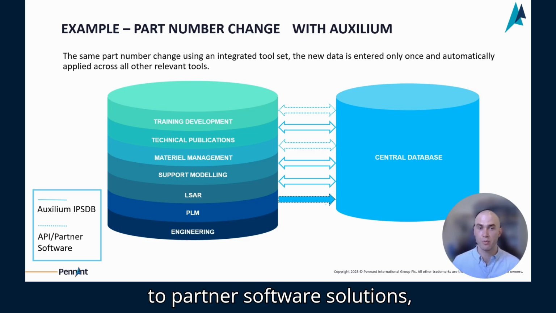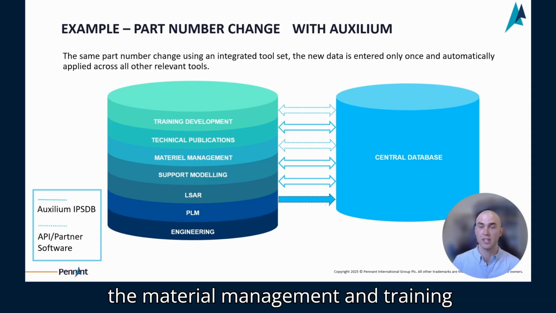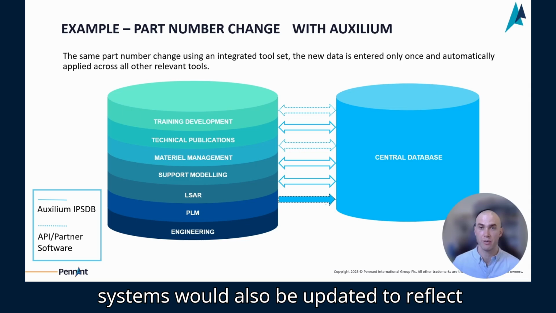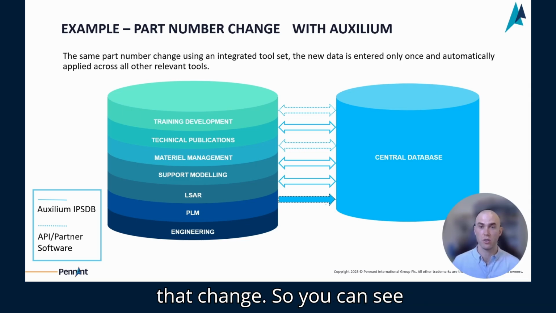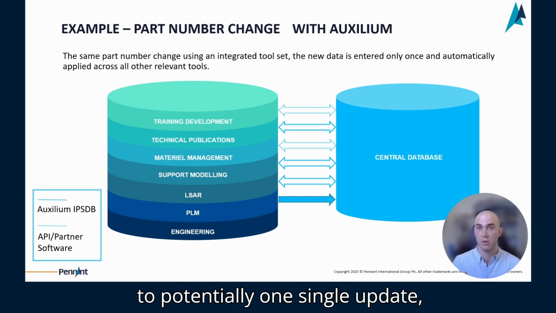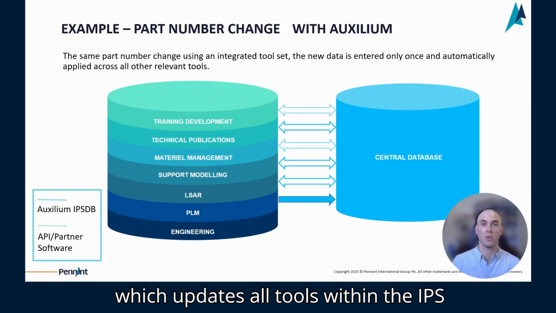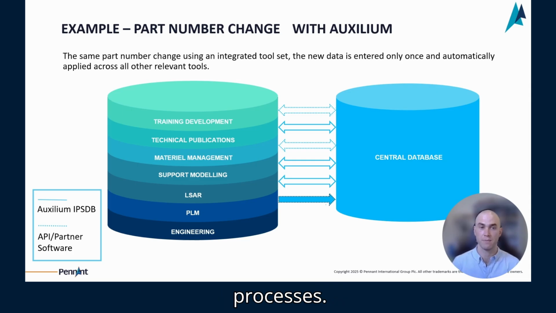Through APIs to partner software solutions, the material management and training systems would also be updated to reflect that change. So you can see how with the Auxilium and partnering solutions, it goes from 6 manual updates to potentially 1 single update, which updates all tools within the IPS processes.